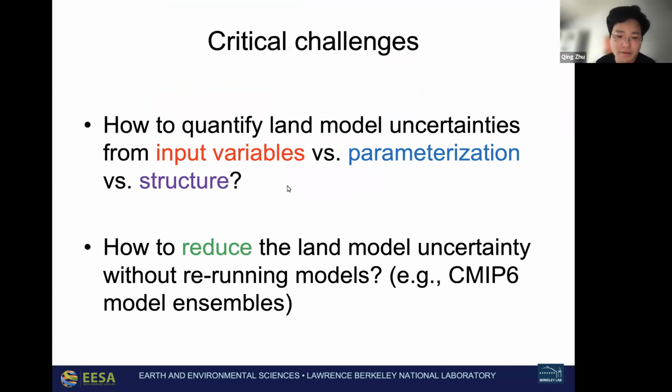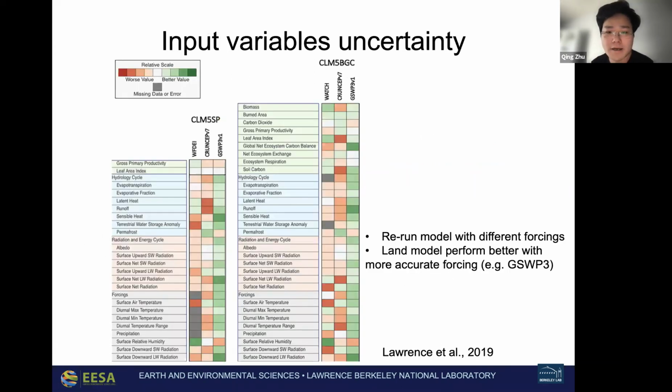So it's relatively more difficult than the input variables and parameterization. And we wanted to reduce the land model uncertainty without rerunning those models. Otherwise, it doesn't make sense; we would just be using computational time to exchange for a better model. So we wanted to see if we can do that with machine learning and also the causal network analysis.